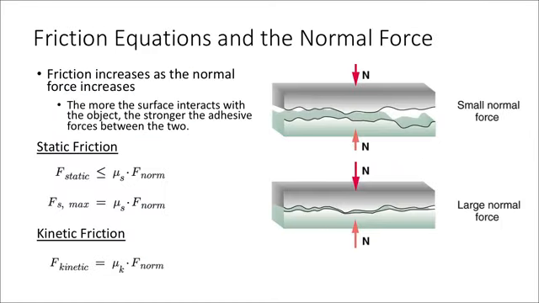It turns out that because friction is an interaction between two irregular surfaces, the normal force, or the force of a surface on an object and vice versa, is directly proportional to the frictional force. On the right-hand side, I have two pictures. The first shows a small normal force, or a small normal interaction between two surfaces.